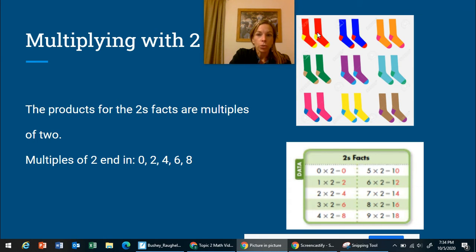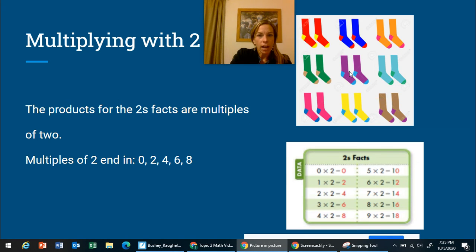We have 2, 4, 6, 8, 10, 12, 14, 16, 18. So I can easily see that there are 18 pairs of socks there. So the products for the 2 facts are multiples of 2. Multiples of 2 end in 0, 2, 4, 6, and 8.